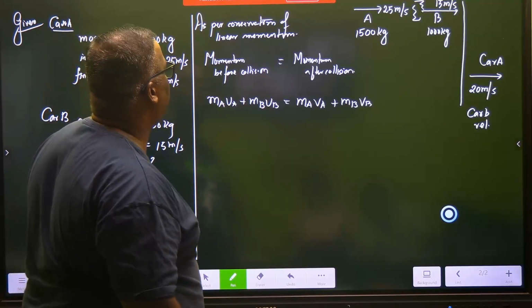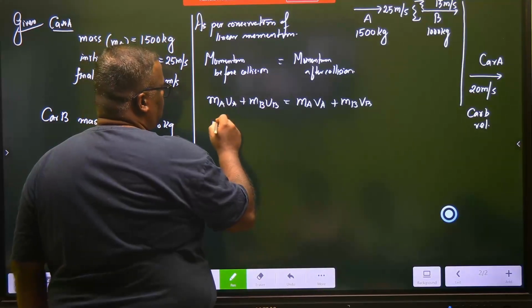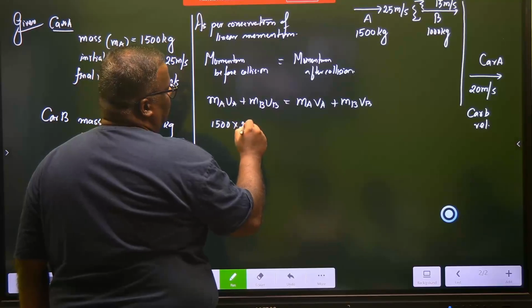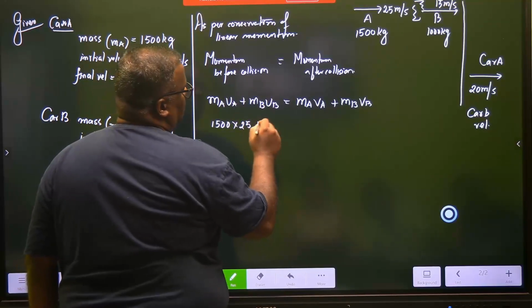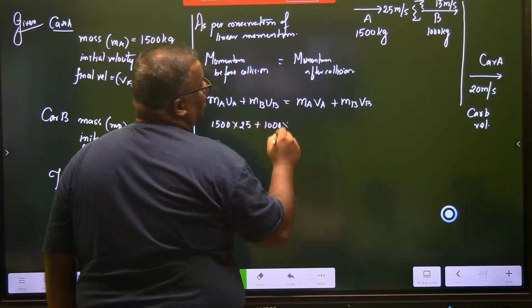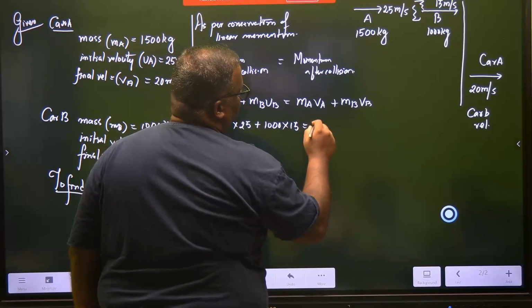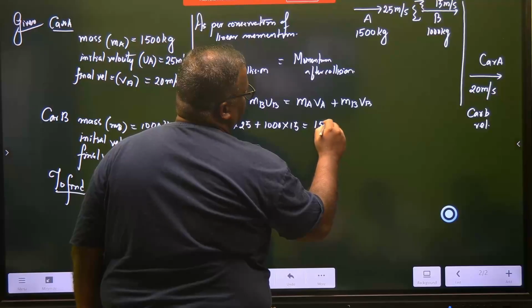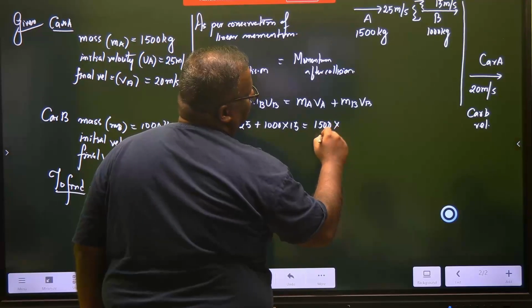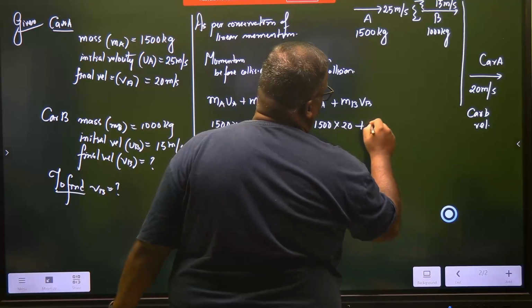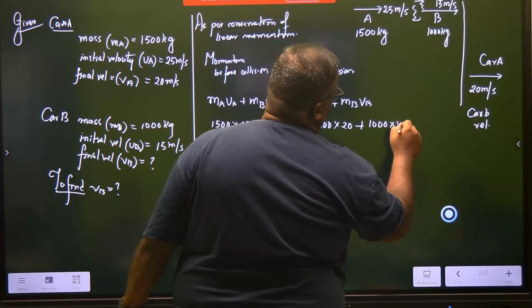So let's put MA. So this is 1500 multiplied by 25 plus 1000 multiplied by 15 should be equal to 1500 multiplied by 20 plus 1000 into VB.